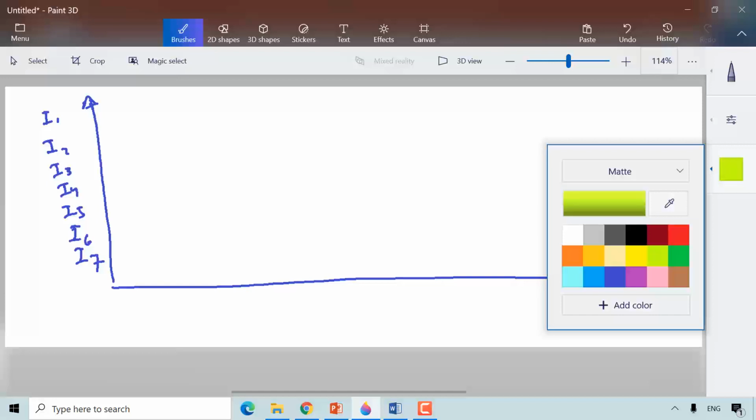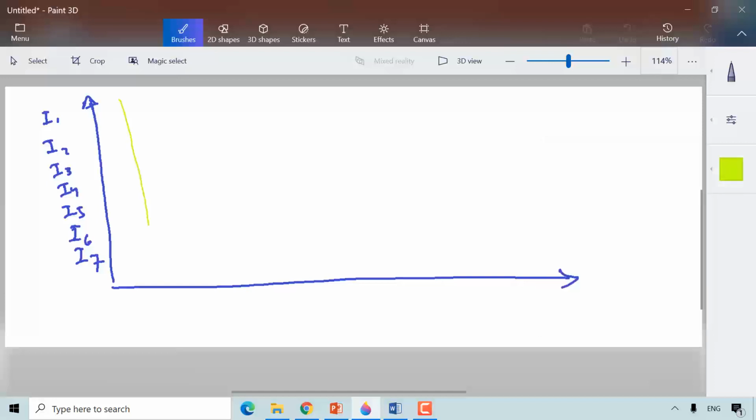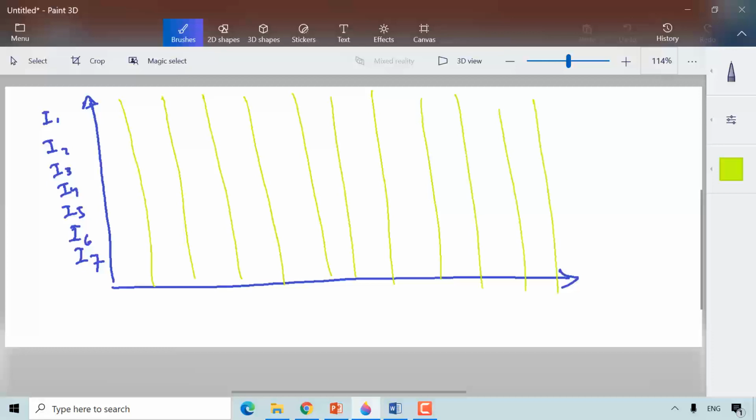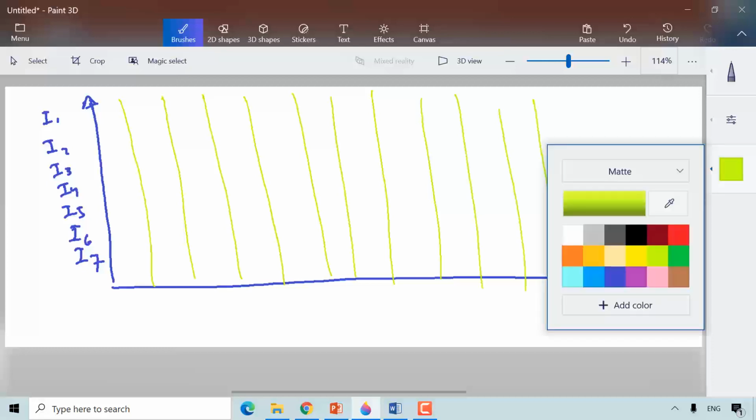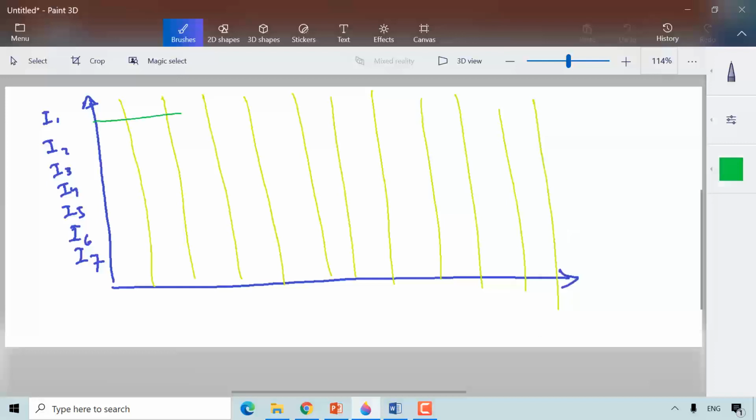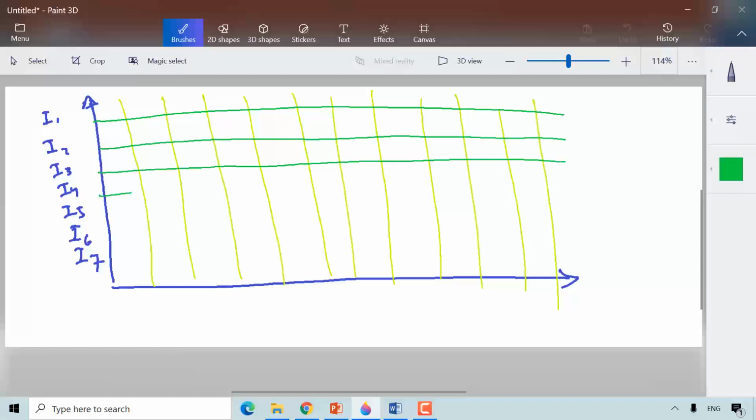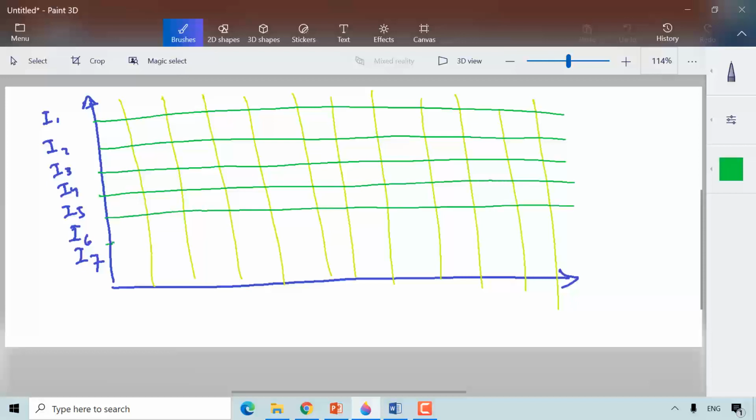Okay, I need to make a quick grid here. First instruction, second instruction, third instruction, fourth instruction, fifth instruction, sixth instruction, and seventh instruction.